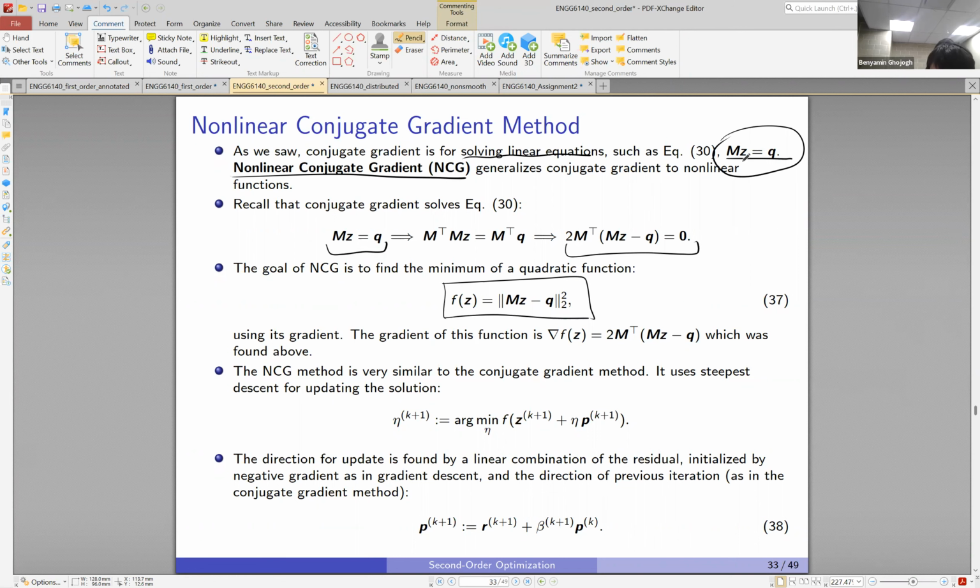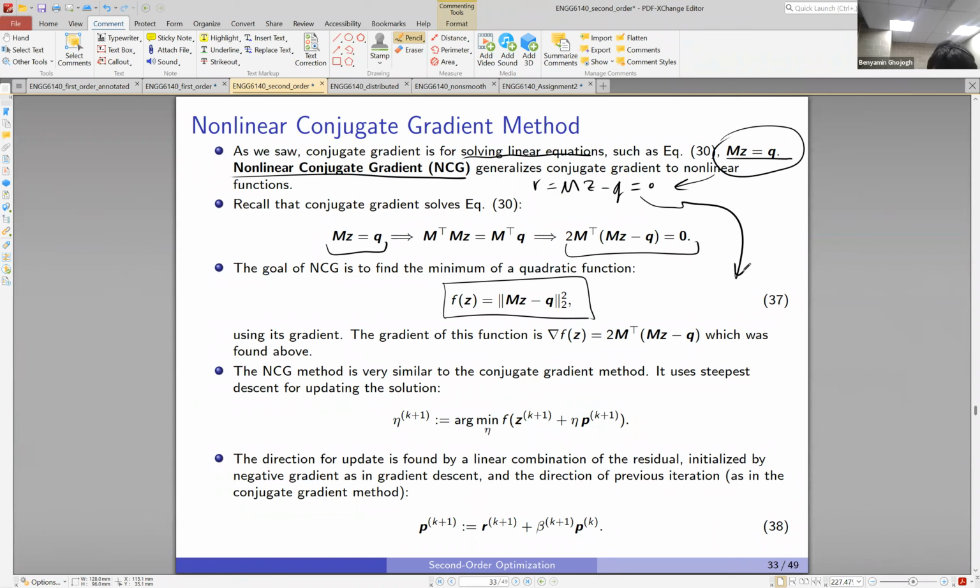It says you want Mz to be q, similar to what we had in the linear conjugate gradient method. I rearrange it to say Mz minus q becomes 0. The linear conjugate gradient method called this the residue, and it iteratively solved for z to minimize the residue.